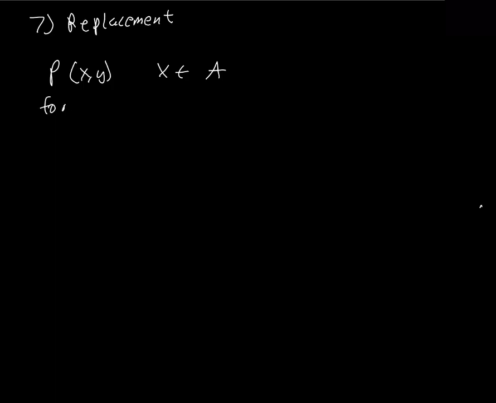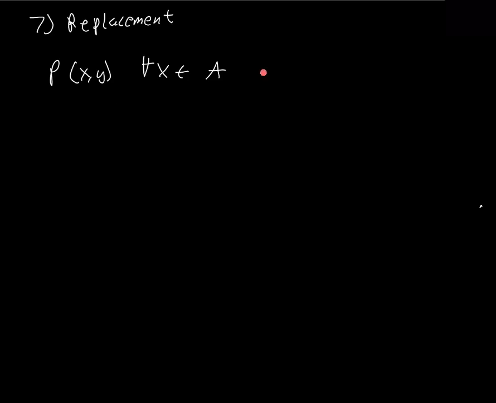Let's go on to 7, which is replacement. So replacement's exactly that. We're replacing elements of a set. Well, technically, most of the time we're working with exactly one, which would be replacement, but I guess you could do at most one. So replacement states that if you have P be a property, so P(x, y) is a property, where x is an element of a set A, and we have this to be true for at most one y.